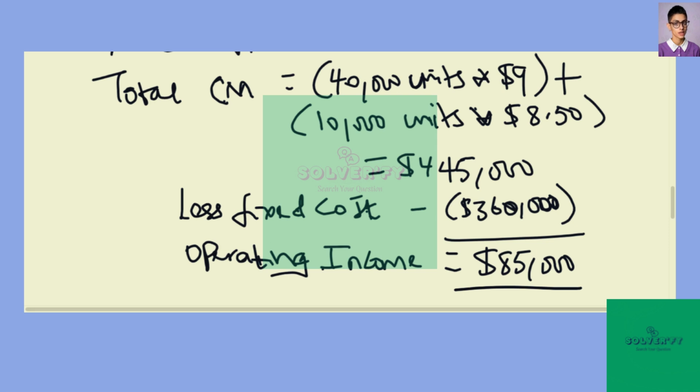So as per the question, this will be the store's operating income if 50,000 units were sold. So that's the answer to the entire question.